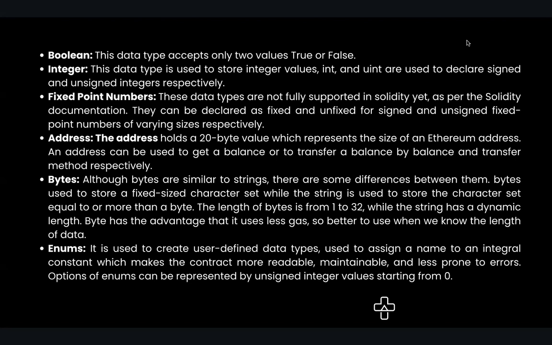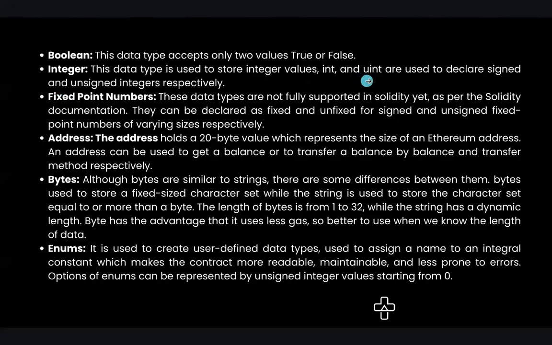And we have the integer. The integer data type is used to store integer values. If you come across some Solidity code, you would see the use of int and uint.